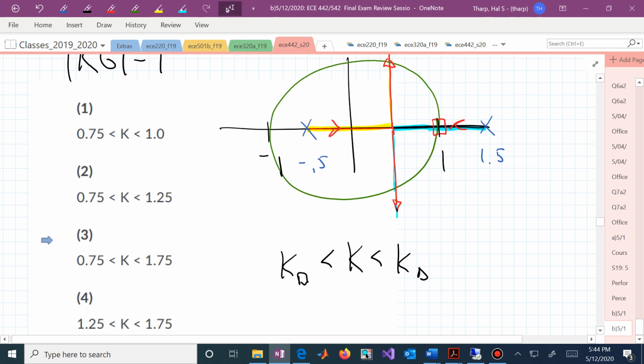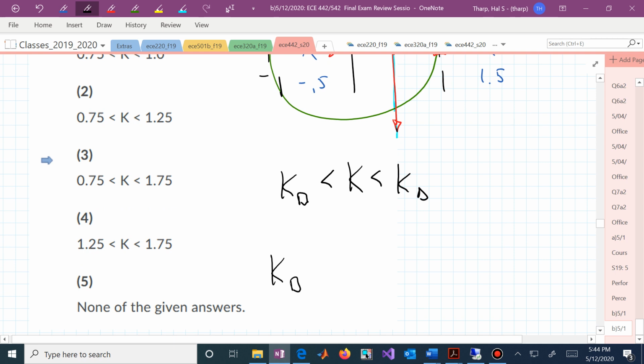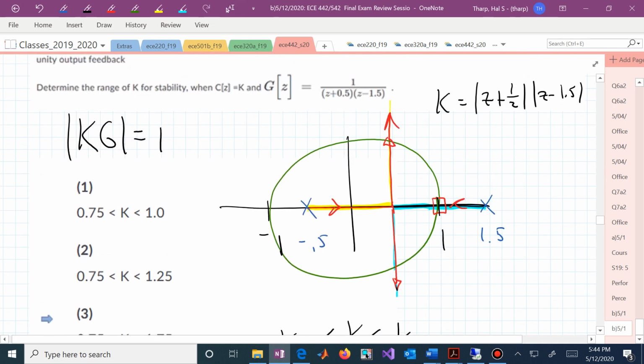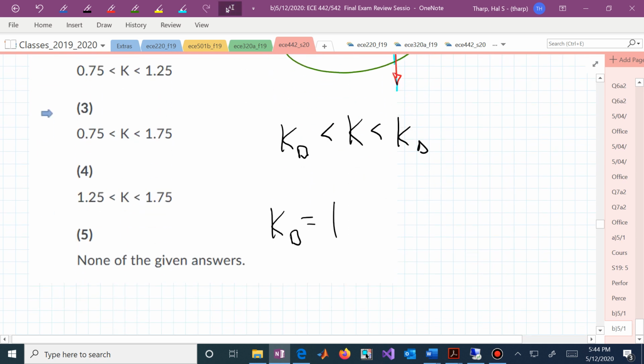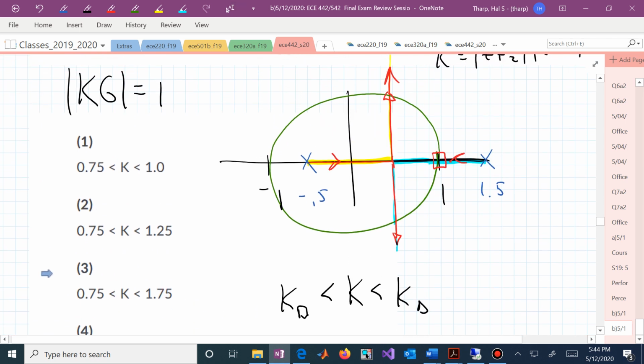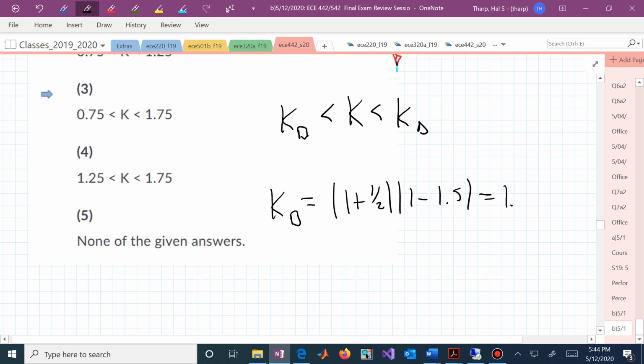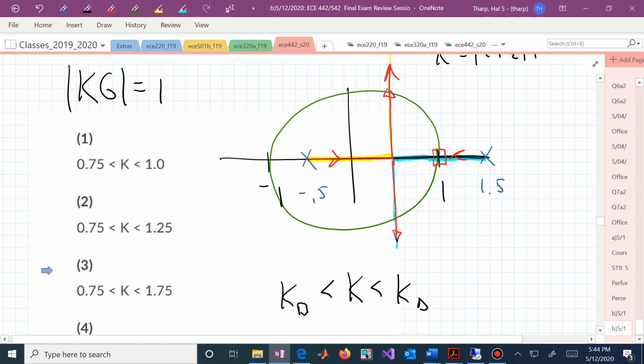K box is going to be that expression for K evaluated at Z equal to 1. So this is now 1 plus 1/2 times 1 minus 1.5, and we're taking absolute values. So this is now 1.5 times 1/2, or this is now 0.75. That's our lower limit on the stability.